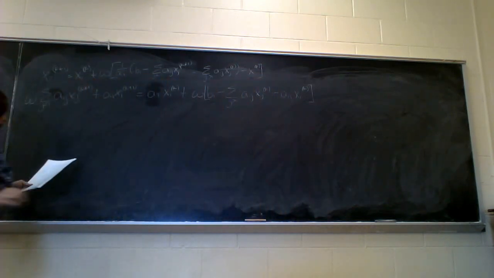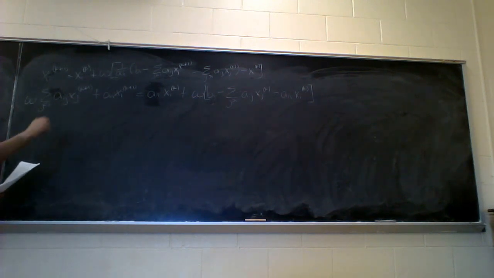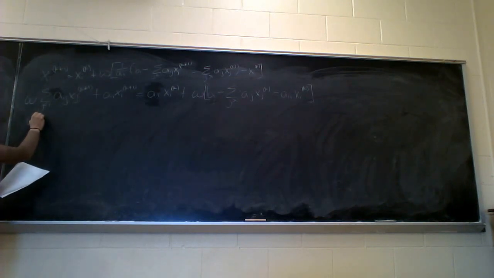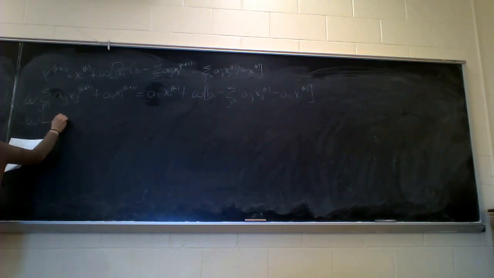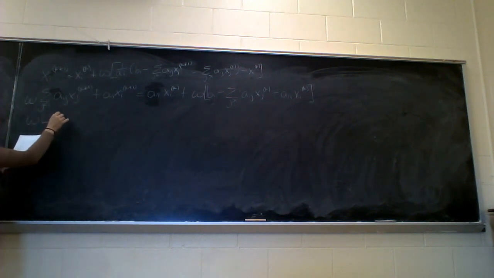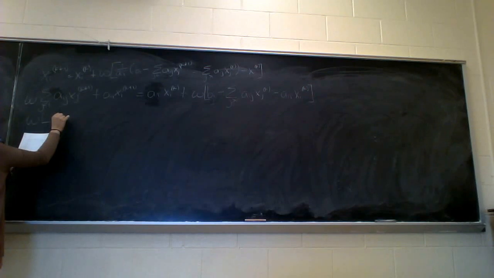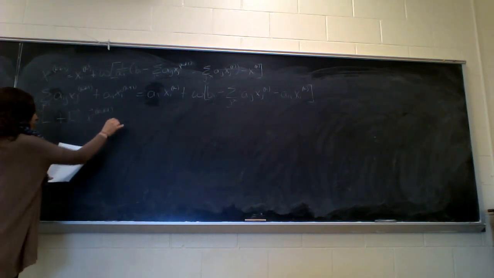So now we're safe to go ahead and change, instead of writing this on an element by element basis, we'll go ahead and write it as matrix vector multiplication. So this is omega times L plus D, and all multiplied by x^(k+1).